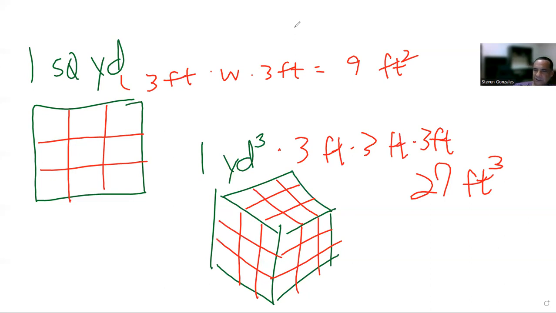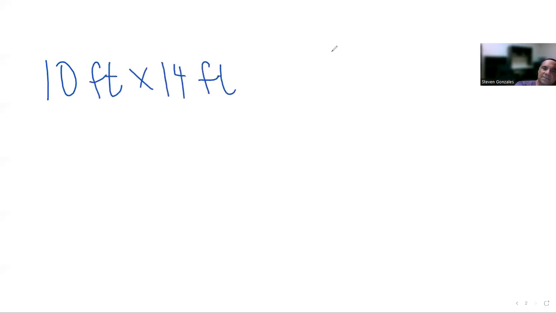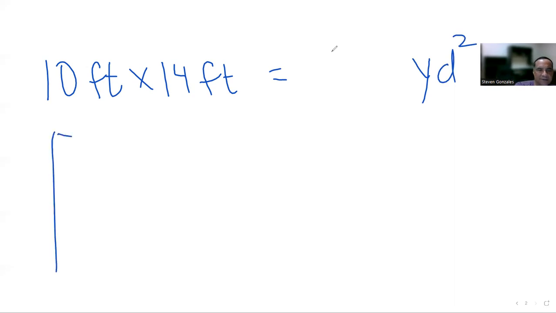Here's a couple of examples. 10 feet by 14 feet. Convert to cubic yards or square yards. Let's do square yards because it's an area. This could be my area.